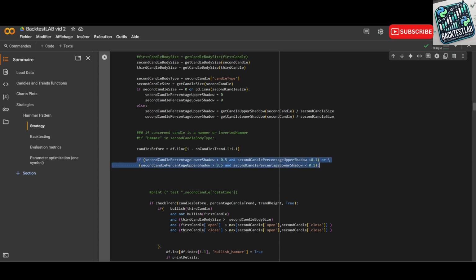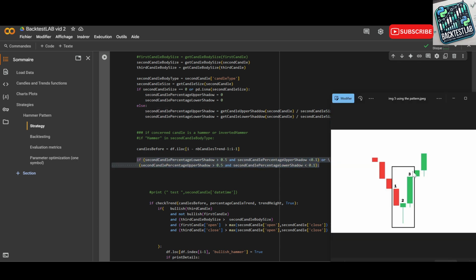After that, I will have to show the pattern again. We want to make sure, if we are in this specific configuration, that the percentage of the lower shadow is more than 50%. You can change it, of course. You can put, for example, 70% or something similar, but for us we will put 50%.